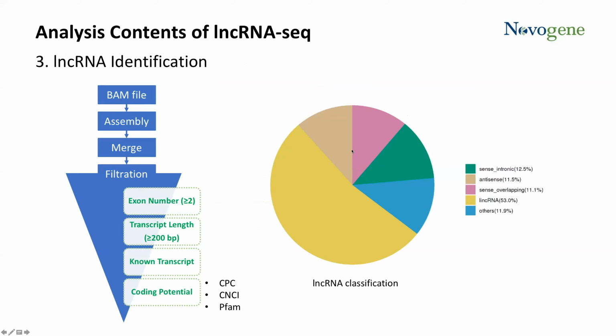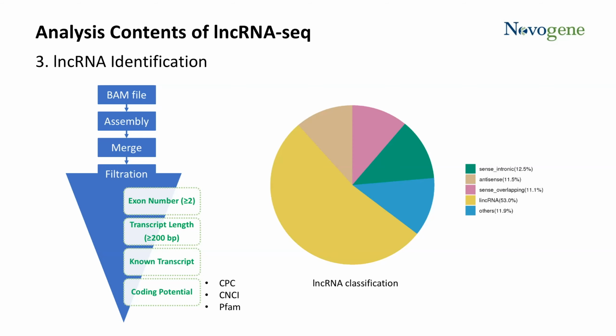Then the assembled transcripts from all samples are merged, and then we use additional filtration steps to provide you the long non-coding RNA classification. And here is the pie chart telling how these long non-coding RNA sequences are distributed and where they are present.